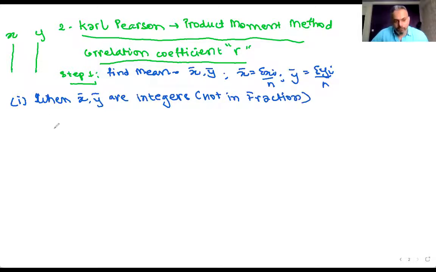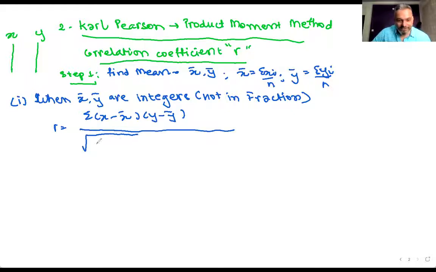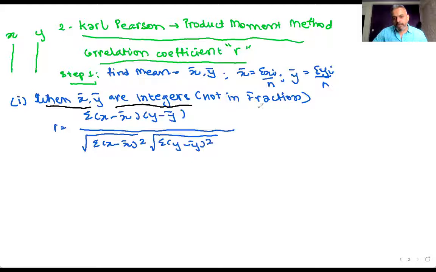In that case, we use the formula r is equal to, you all have to write these formulas again and again, target is to write it 1 million times, sigma x minus x bar into y minus y bar upon under root sigma x minus x bar the whole square under root sigma y minus y bar the whole square. So this is the first formula which we did in the previous session, where x bar and y bar are integers and not in fraction.